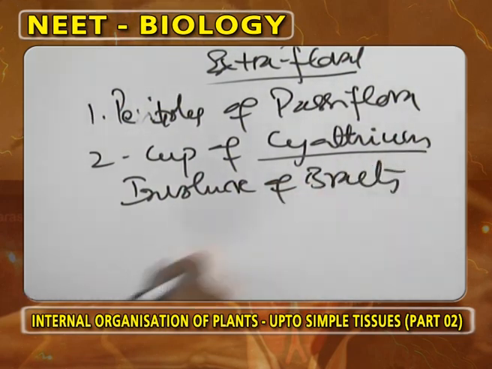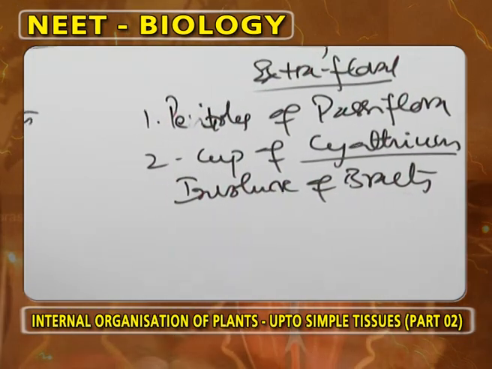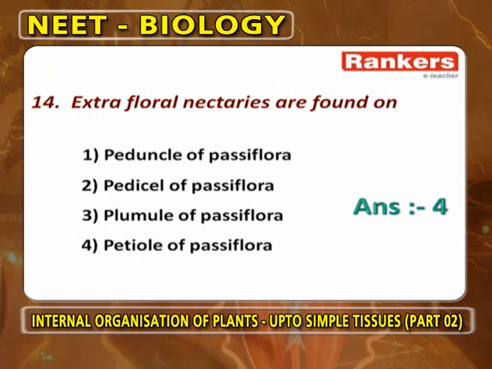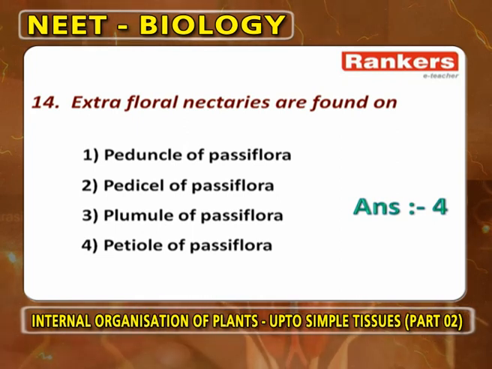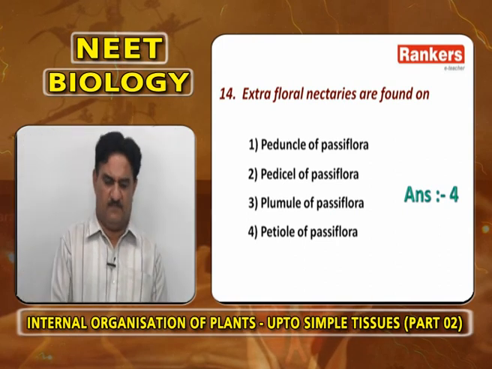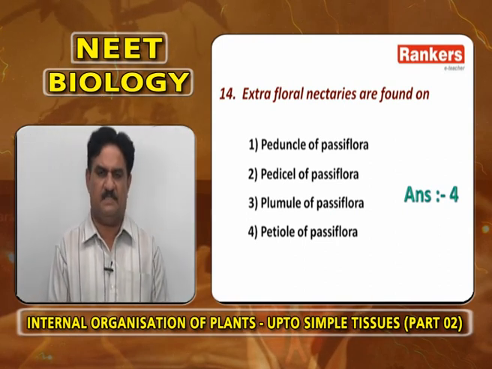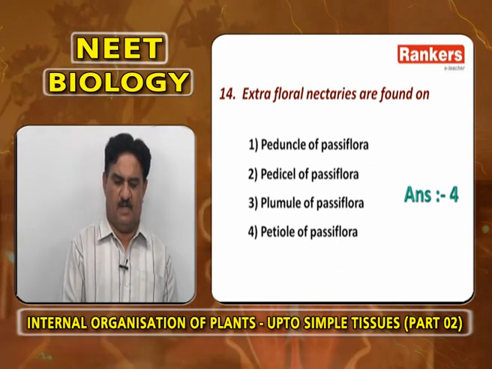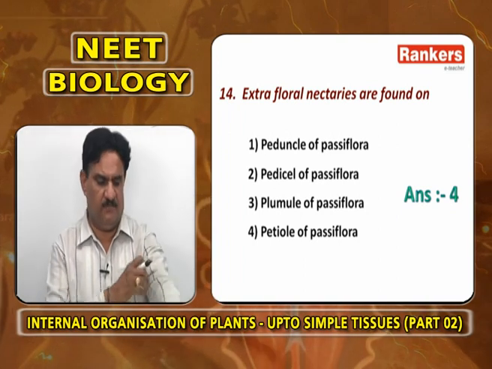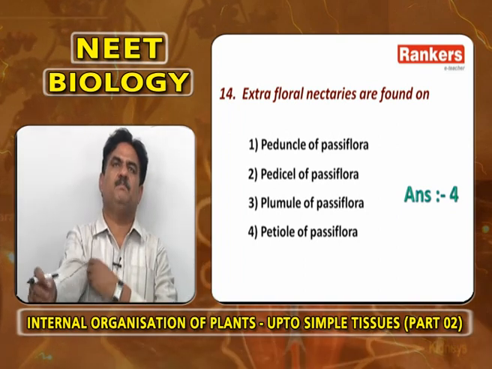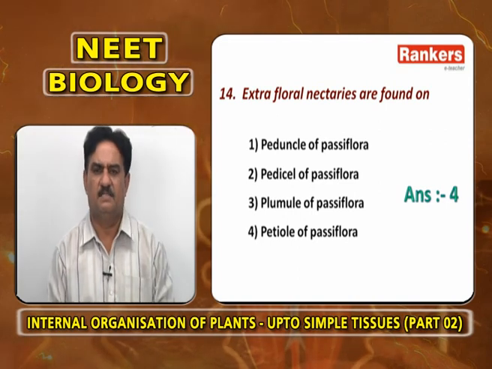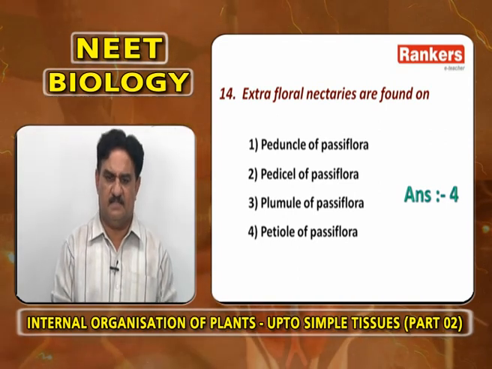So, peduncle of Passiflora is wrong, pedicel of Passiflora is wrong, plumule of Passiflora is wrong, but petiole of Passiflora is correct. Extrafloral nectaries secrete nectar, attract insects and help in pollination.